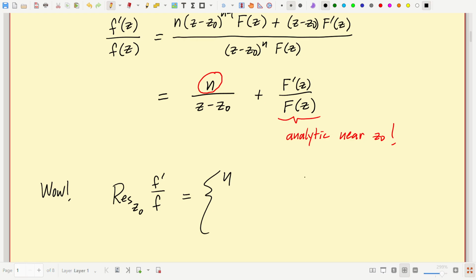Let's see, n would be capital N at a zero, so it would be equal to the order of the zero of f at z naught, if z naught is a zero.